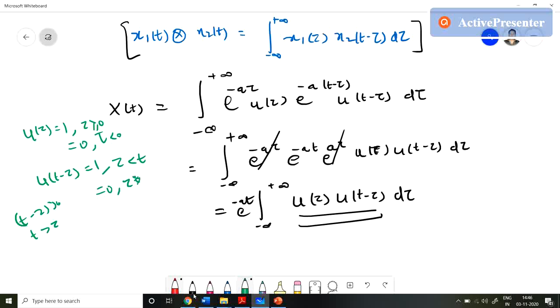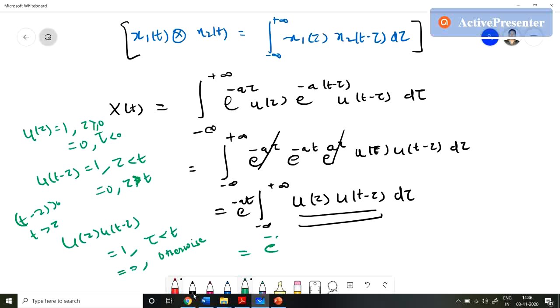So u(tau) u(t minus tau) will be equal to 1 when tau is between 0 and t, and it is equal to 0 otherwise.